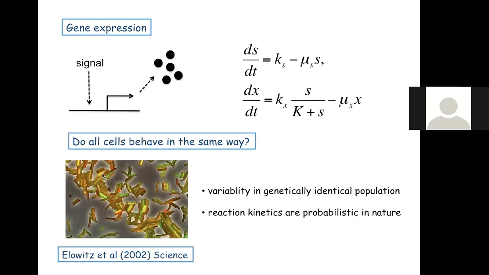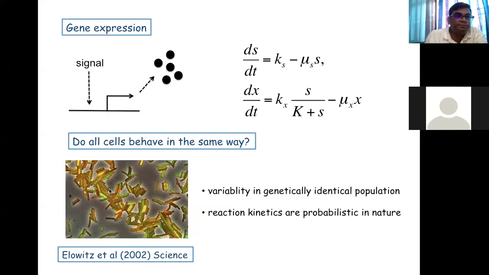Genetically identical population means we have a collection of bacteria. They could all be E. coli cells, now we know this name, or some other bacteria. And the reaction kinetics must be probabilistic in nature, because if the reaction kinetics were deterministic, then all the cells would grow with the same intensity. But in this experiment result we see that the intensity is not that great for some of the cells.